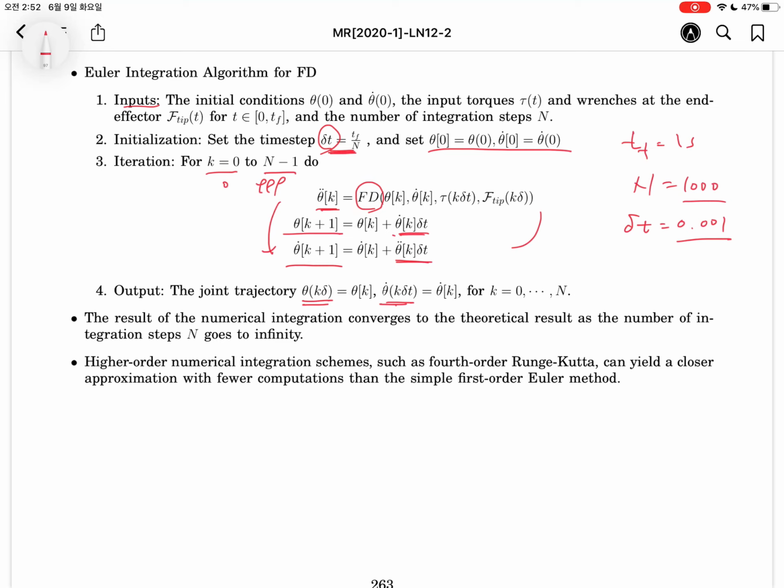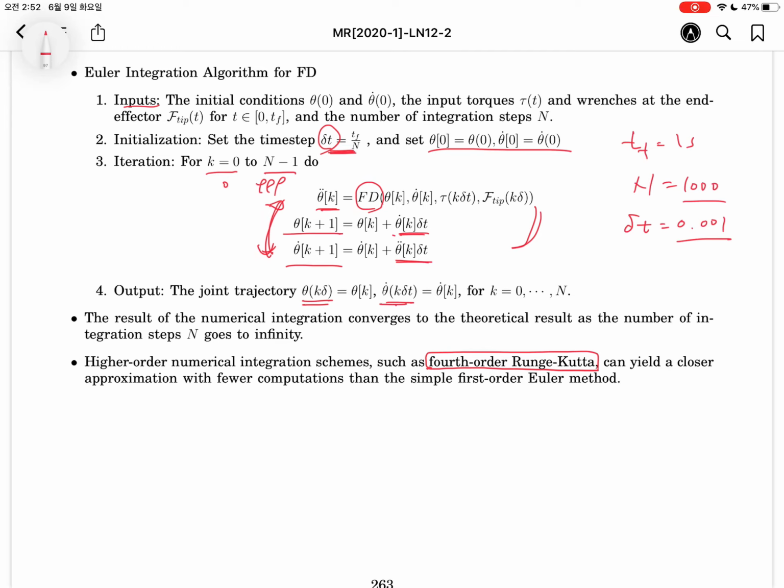If you want to make this algorithm more exact, then second order or fourth order Runge-Kutta can be used. Actually, MATLAB makes use of the variable step fourth order Runge-Kutta instead of the Euler integration, because Euler integration is very simple, but the numerical error can accumulate when showing the dynamic motion.